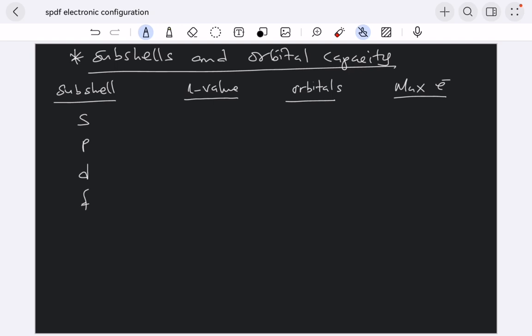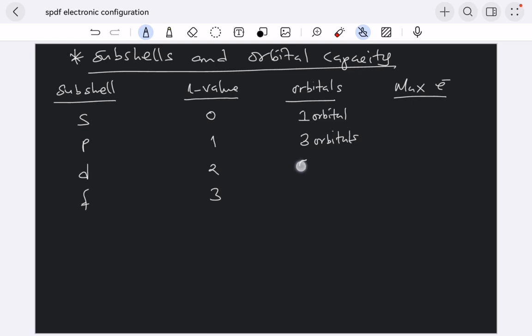So when the subshell is S, our L value is 0. When the subshell is P, our L value is 1. When it's D, our L value is 2. When it's F, our L value is 3. Then in terms of orbitals, we only have one S orbital. For the p orbital, we have 3 orbitals.